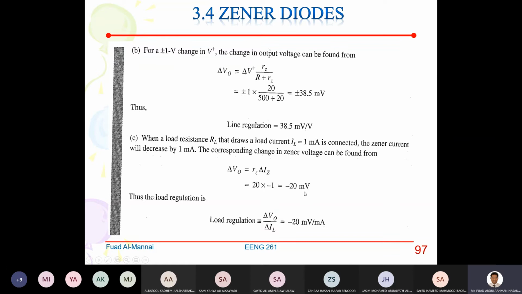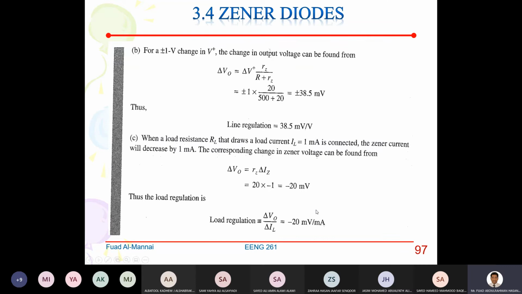Minus 20 millivolt, which means that delta V out divided by delta IL, in this case IL is 1 milliamp, will give you still minus 20 millivolt per milliamp.